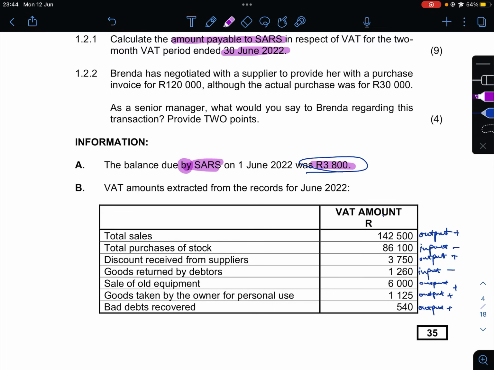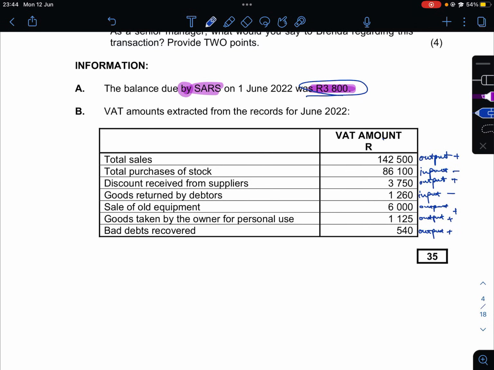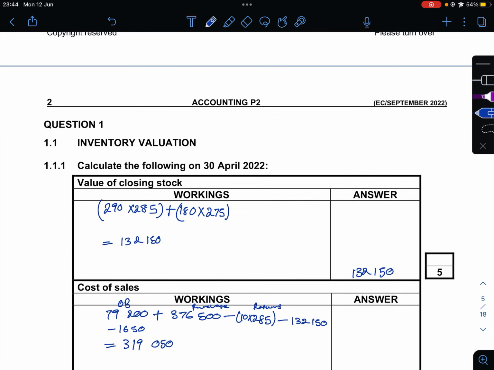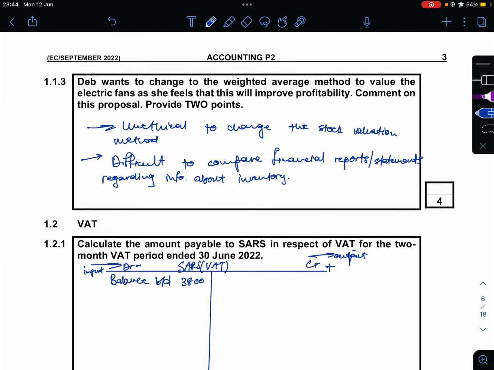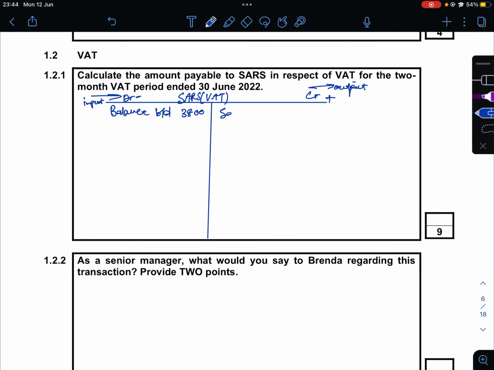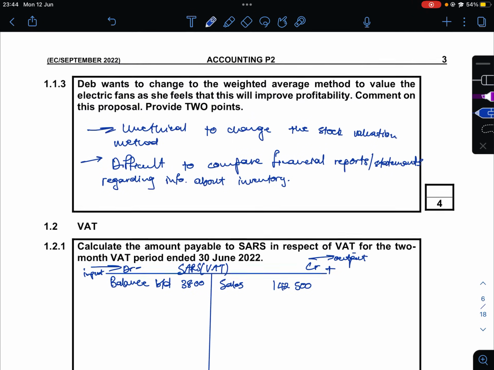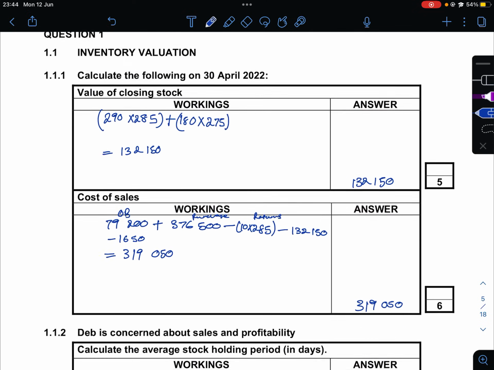So the balance is due by SARS to us. So SARS owes us 3,800. Okay, and then we continue. Our total says it's 142,500. So it's our sales, 142,500.